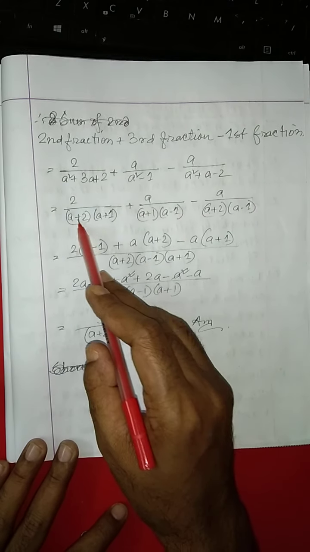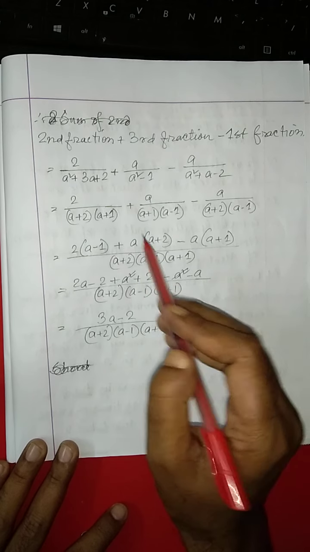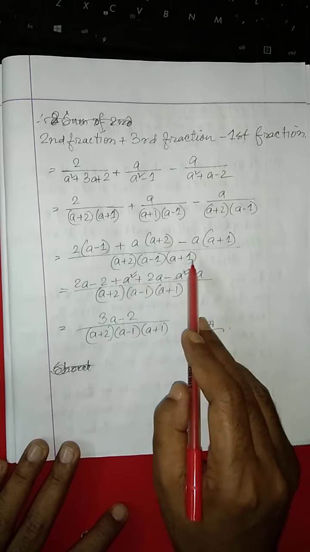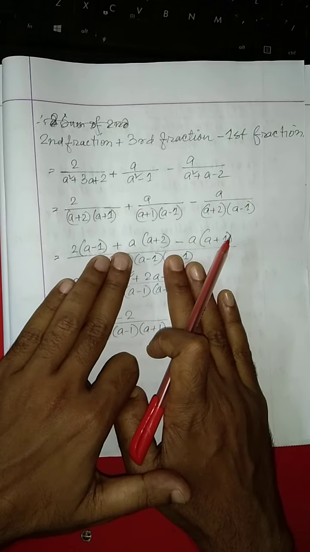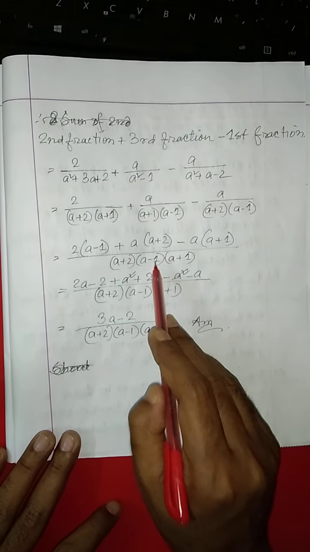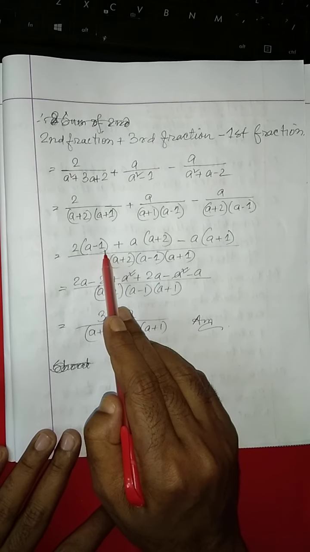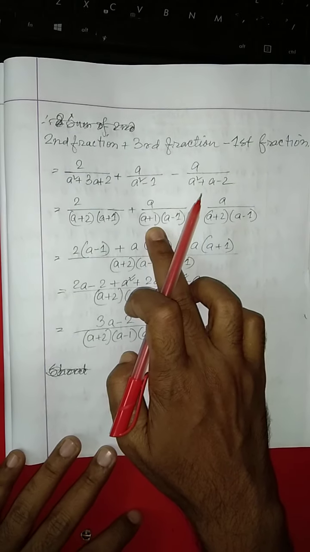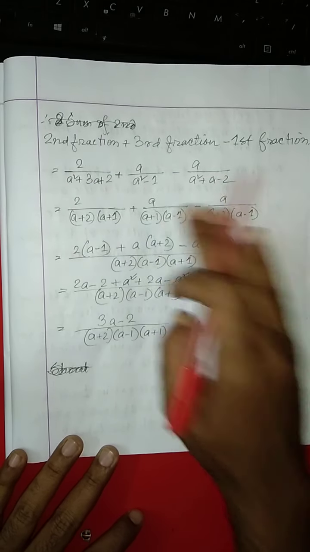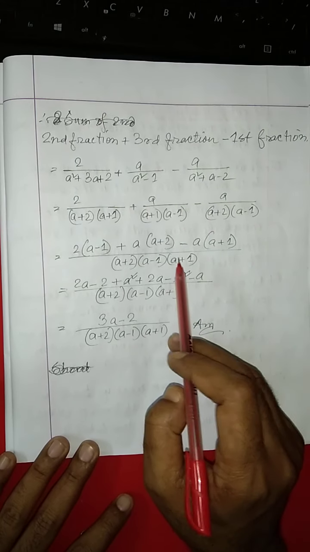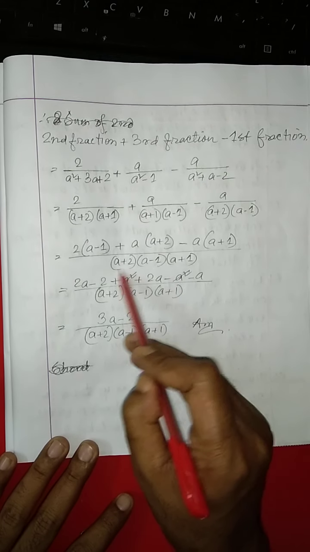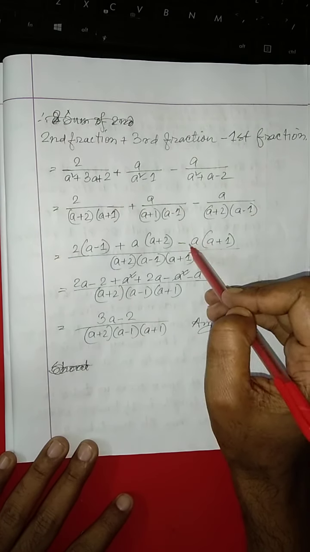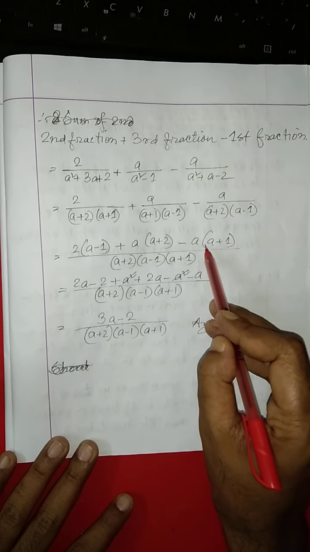So here if I divide it, a plus 2, a plus 2, a plus 1, a plus 2, a plus 1, we divide here and get a minus 1, so 2 into a minus 1. Here in the same way we get a plus 1 and a minus 1. We omit it, or we can divide it. There we get a plus 2, a plus 2, so a into a plus 2, and that's also the minus, and in the same way a into a plus 2.